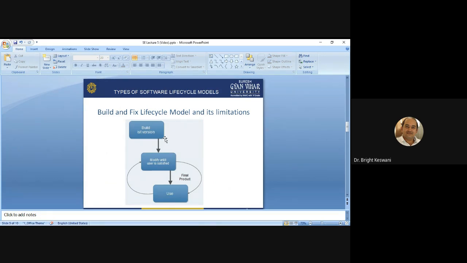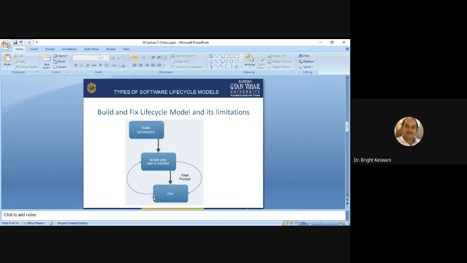There are some limitations of this build and fix lifecycle model. You can see the build and fix model in the figure. This is the build first version. Modify until the user is satisfied. This model suggests that we modify the first version until the user is satisfied and then use it.